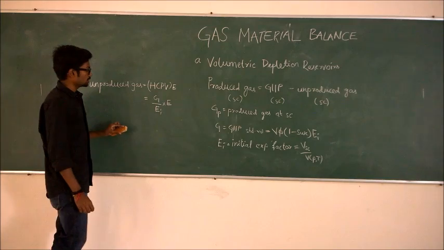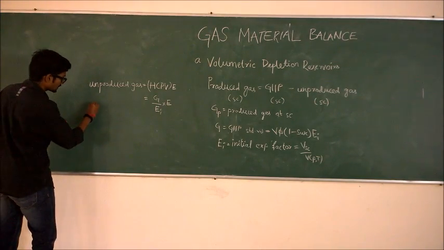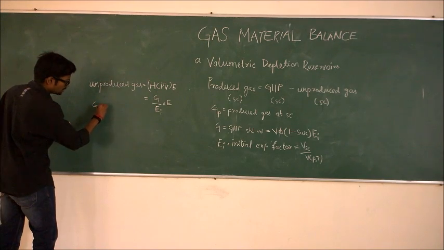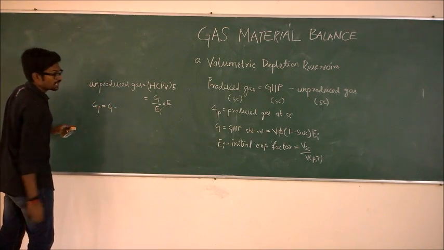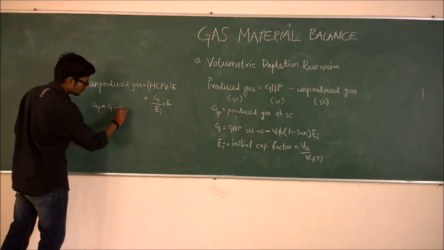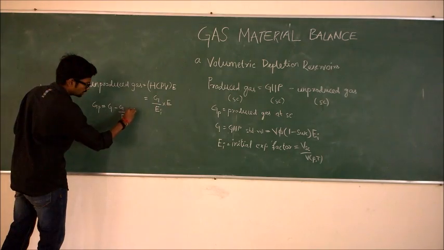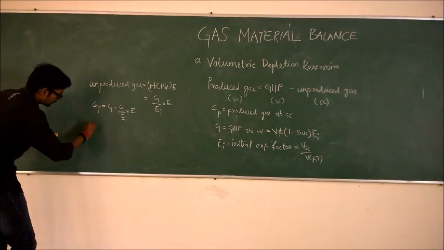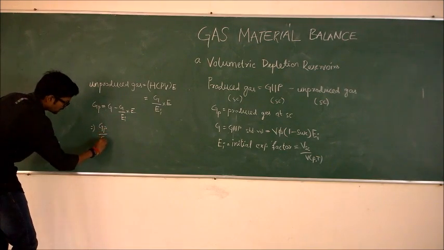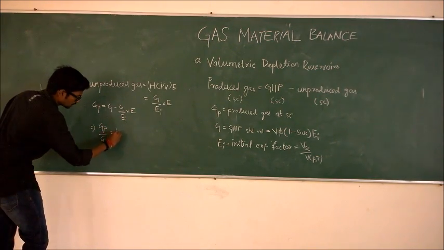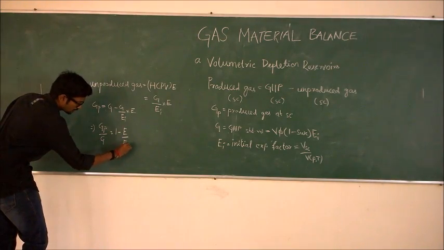Now substituting these results in the material balance equation yields us Gp is equal to G minus G by EI into E, which comes out to be Gp by G is equal to 1 minus E by EI.